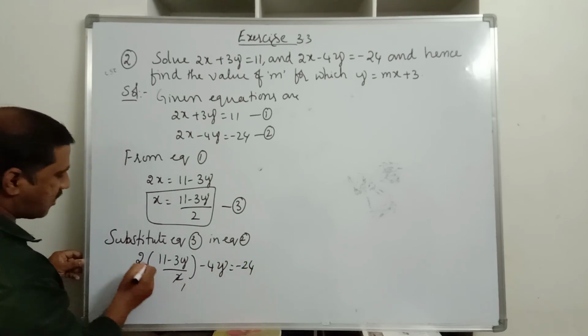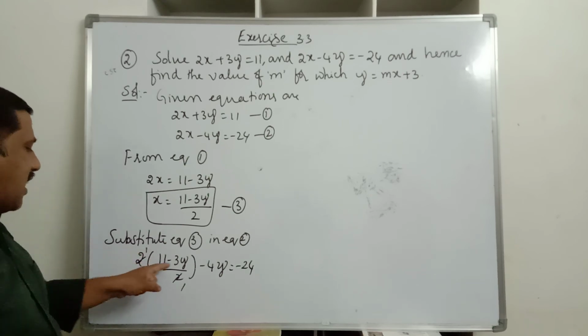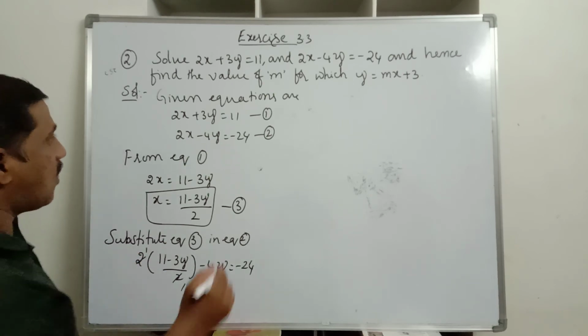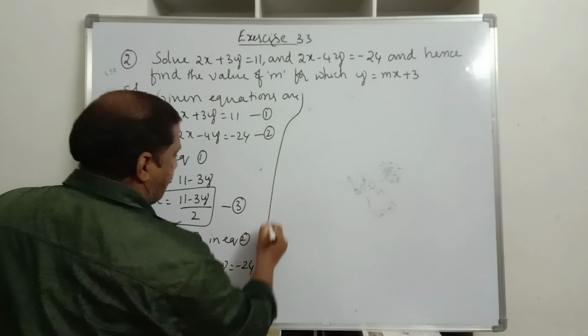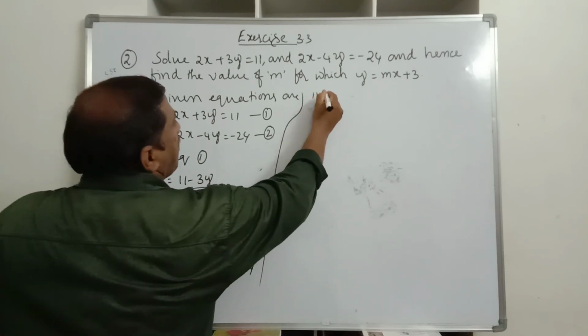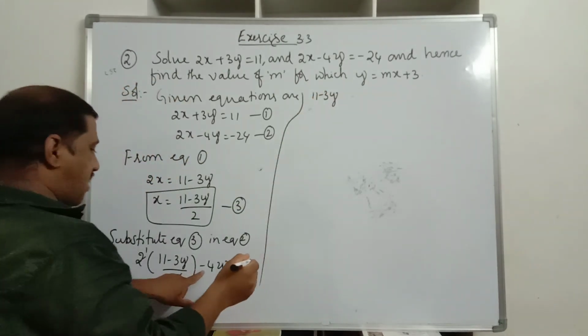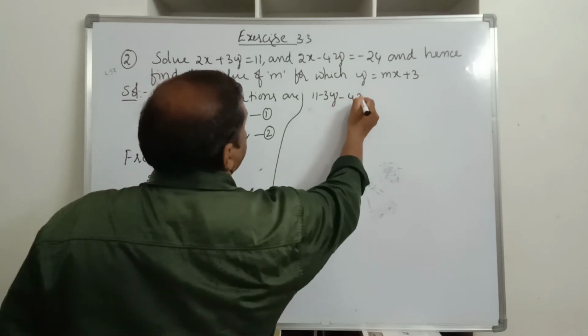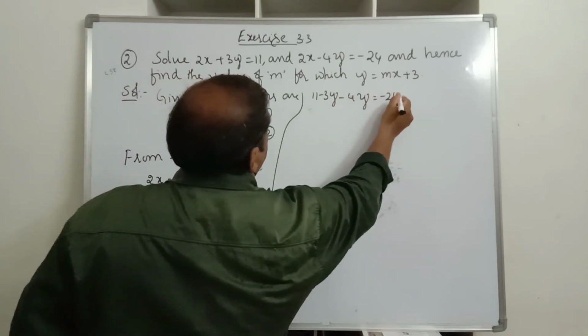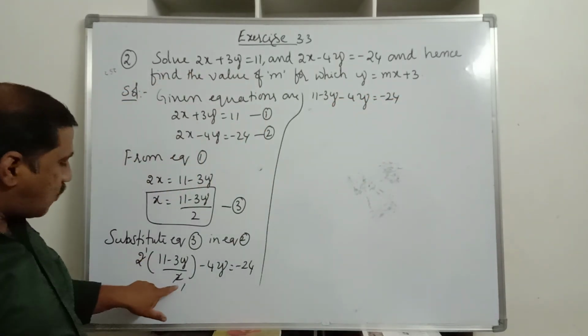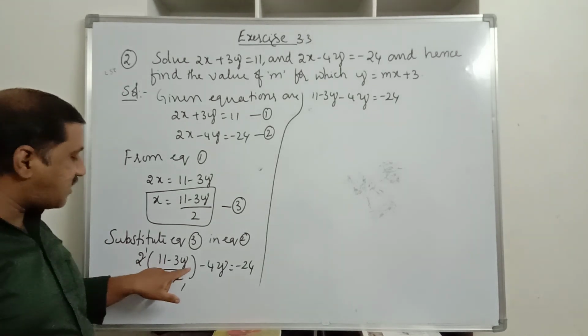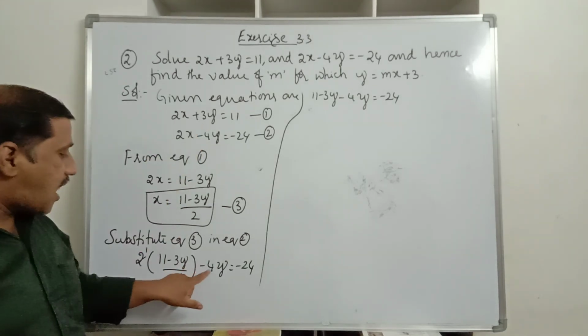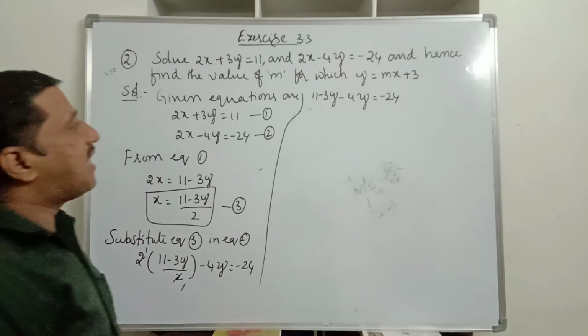The 2s are cancelled. 1 into 11 minus 3y is 11 minus 3y, so 11 minus 3y minus 4y is equal to minus 24.